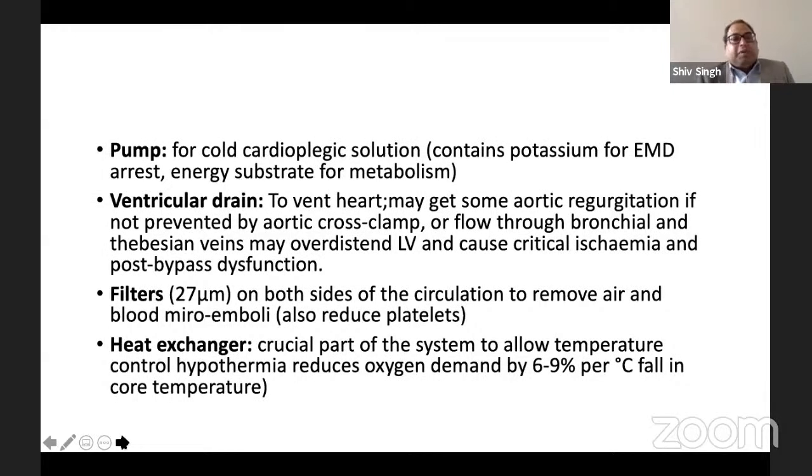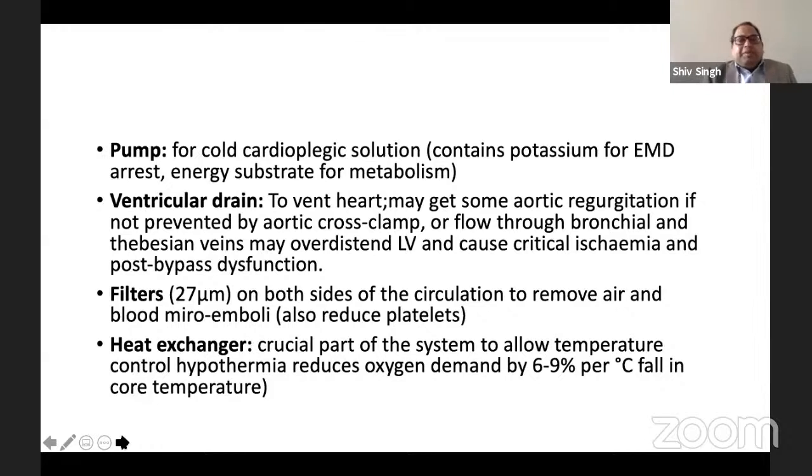And there are obviously lots of pumps. The pumps to pump in the cold cardioplegia, which will contain potassium to keep the heart in an arrested position. And they also contain energy substrate for metabolism. We have a pump for the ventricular drain to vent the heart.